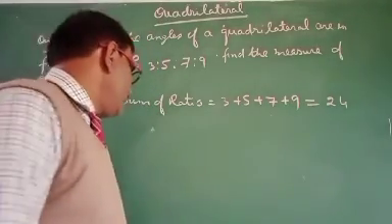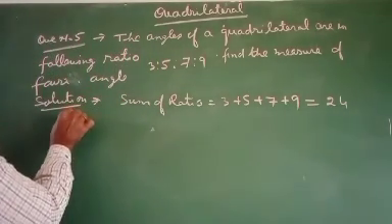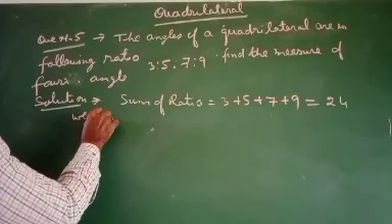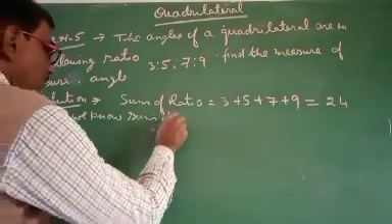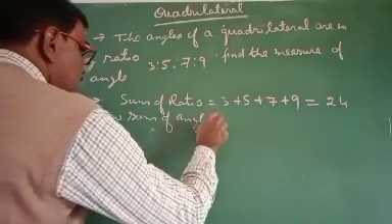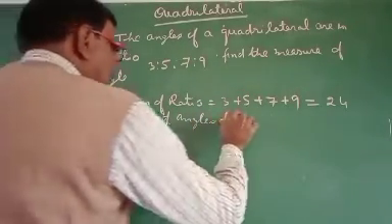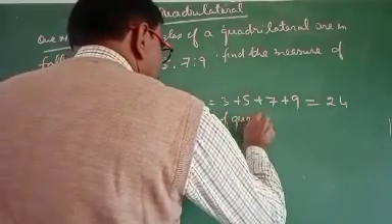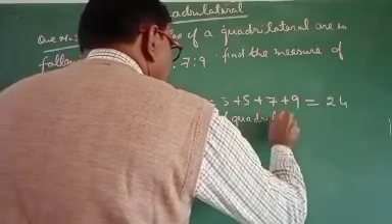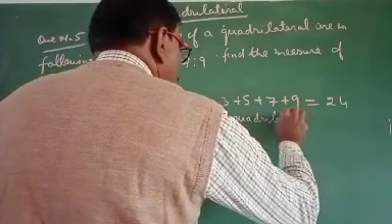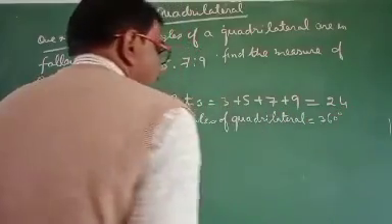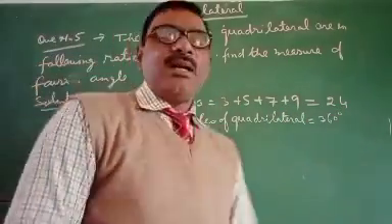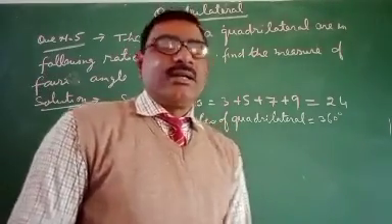We know the sum of angles of a quadrilateral equals 360 degree. So first of all I will find the first angle.